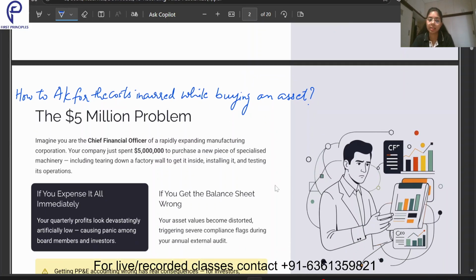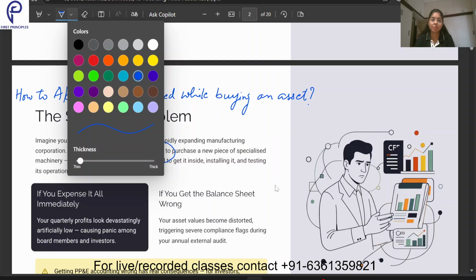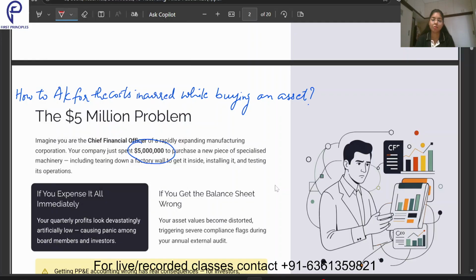The problem was that once a company, an organization, purchased something worth rupees 5 million, apart from that there were certain other costs like installation, testing costs, and other operational costs like the freight cost and transportation charges.